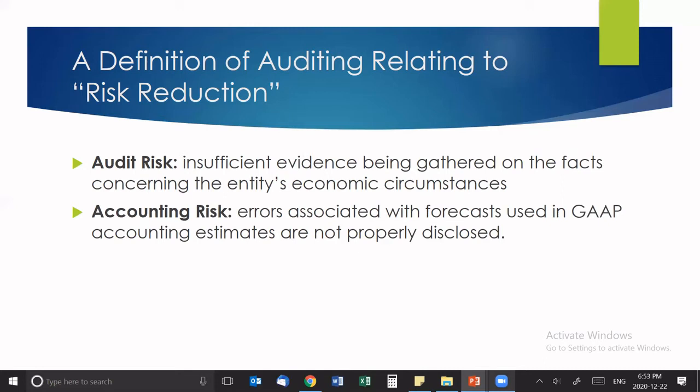Accounting risk is the risk that there are errors in the forecasts used or the accounting estimates are not properly disclosed. The auditor also tries to bring down the accounting risk by reviewing the financial statements.